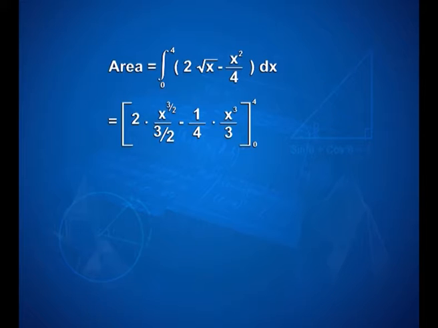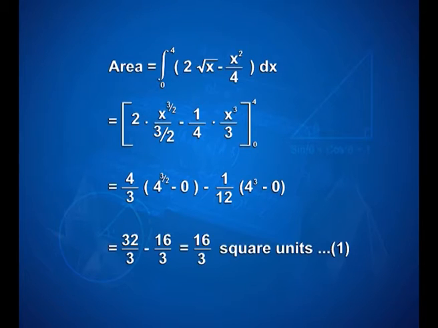On applying the limits, we have 4 upon 3 into 4 raised to 3 upon 2 minus 0 minus 1 upon 12 into 4 to the power 3 minus 0. That gives 32 upon 3 minus 16 upon 3 and we get 16 upon 3 square units as the required area.